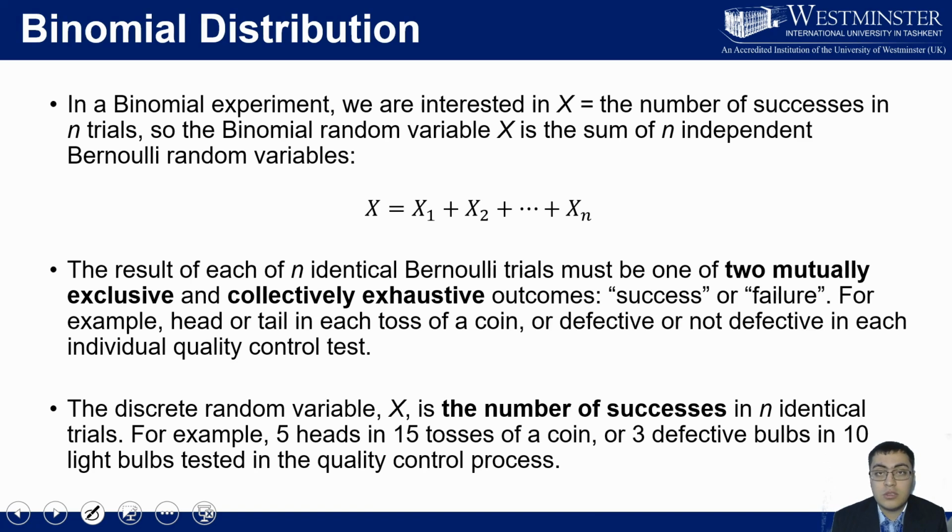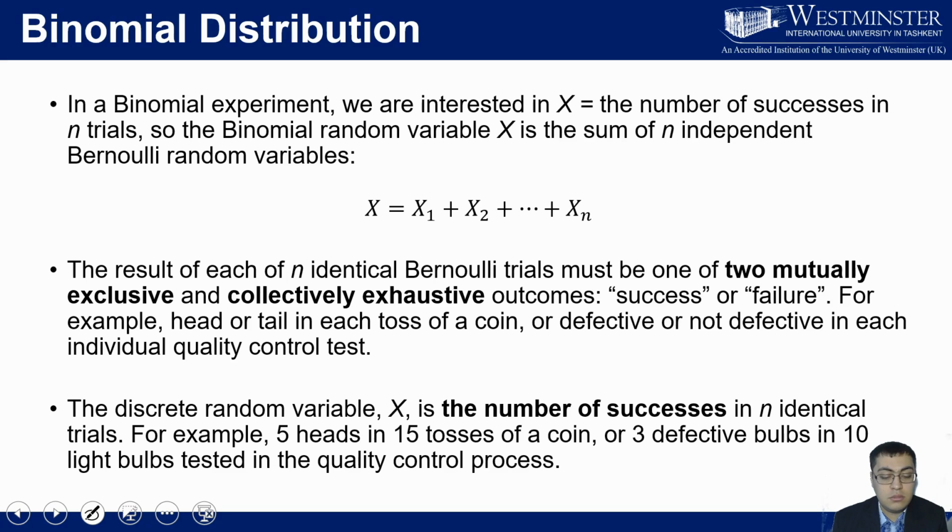By mutually exclusive, it means that the probability of a success does not have some probability of a failure inside it, and the probability of a failure does not have some probability of a success in it. That means that if something is a success, it cannot also be a failure. If something is a failure, it cannot also be a success at the same time. By collectively exhaustive, what I mean is anything could be either a success or a failure, but no other third thing. The success and the failure completely explain all of the sample space that I have.